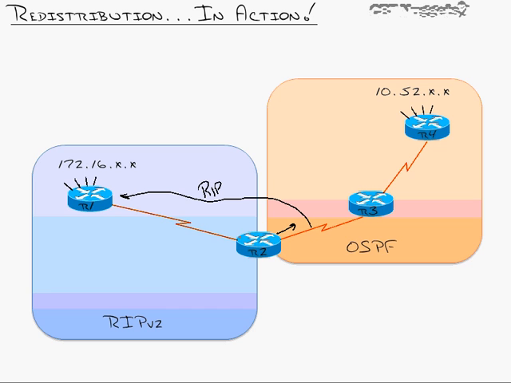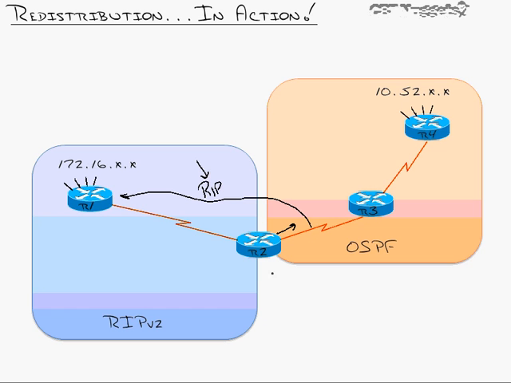Now, that's not going to cause a problem here, because we're going to be redistributing OSPF routes into RIP. It's just this one will kind of end up coming in twice. One as an external route for RIP, and one is one that just goes directly. Does that make sense? Let me just make sure I draw this out. Remember, we're going to be sending all OSPF routes into RIP. So this is being advertised directly by RIP.